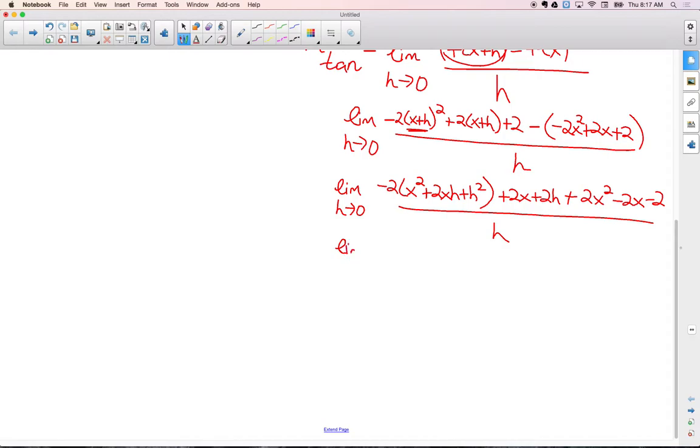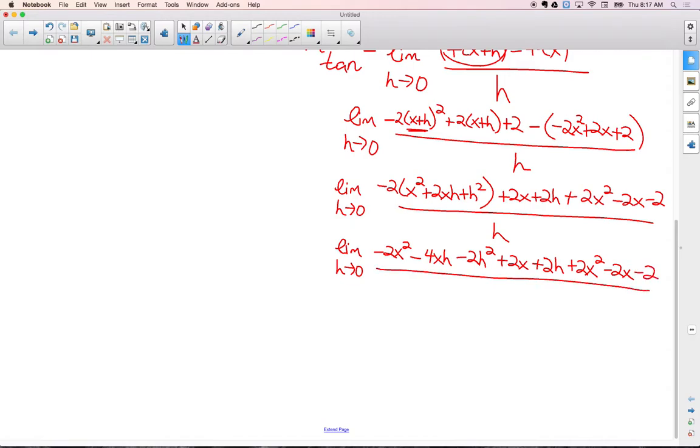Distribute the negative 2: negative 2x squared minus 4xh minus 2h squared plus 2x plus 2h plus 2x squared minus 2x minus 2, all over h.